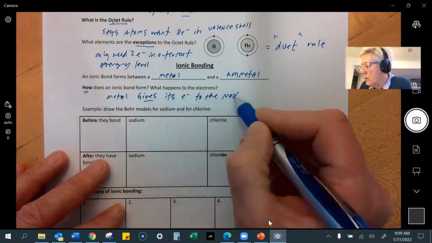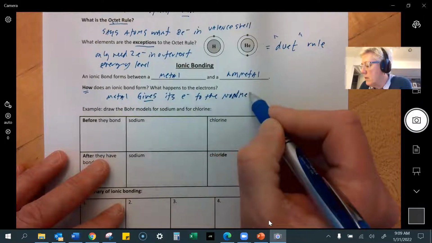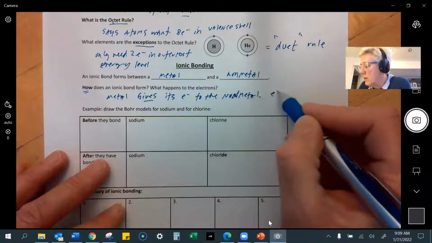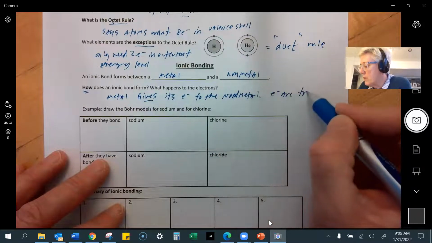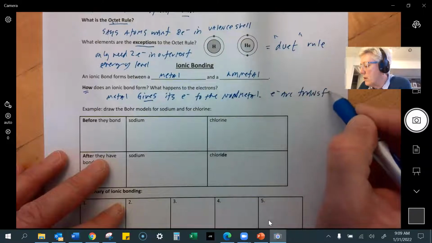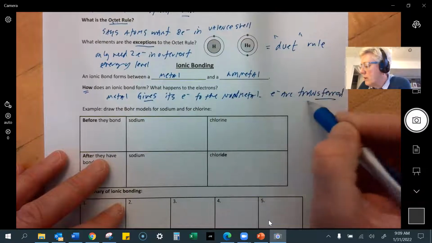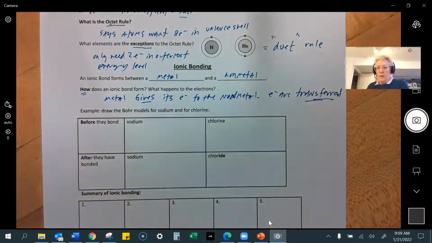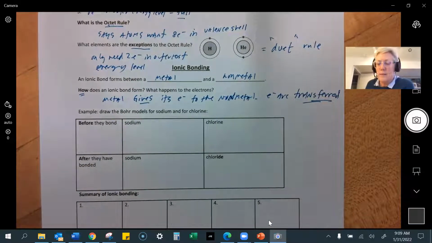All right, so electrons are said to transfer. Electrons are transferred. Okay, so the non-metal takes the electron from the metal. So let me draw this out for you.